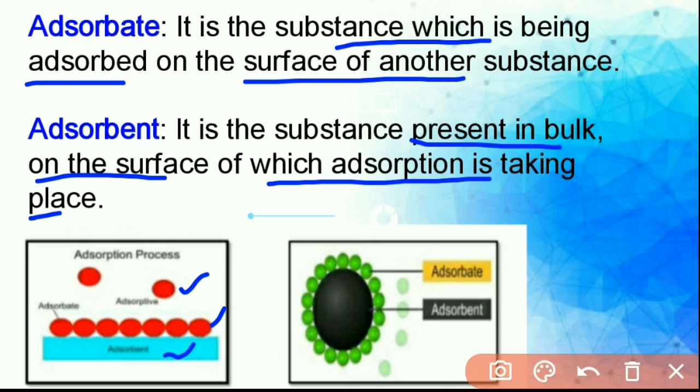So the red molecules are the adsorbate, and the blue substance on which the red molecules are accumulated is the adsorbent. In the next picture, green colored gas molecules accumulated on the surface of activated charcoal. So the green gas molecules are the adsorbate, and this black part is the adsorbent.